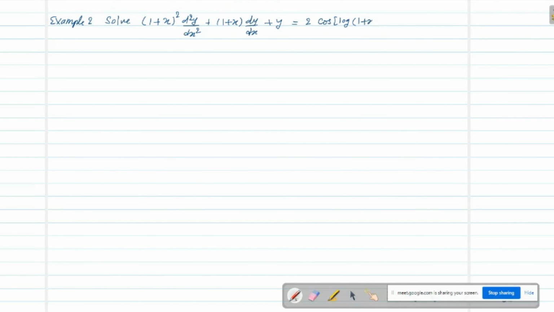Like this we have to solve this differential equation.